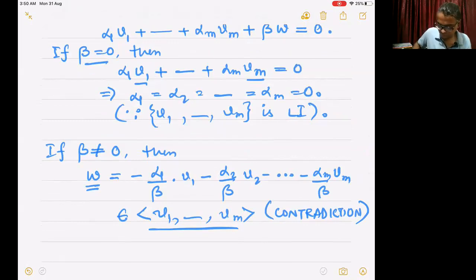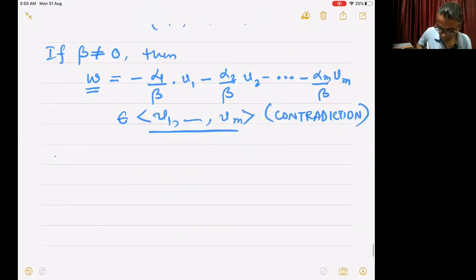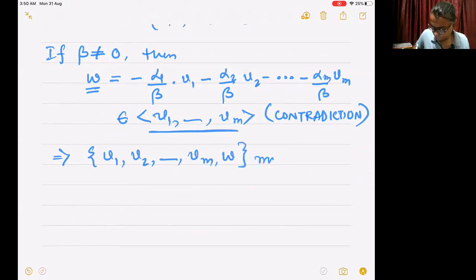Okay. So therefore, v1, v2, dot dot dot, vm, comma w must be linearly independent. Yeah, is that all right?